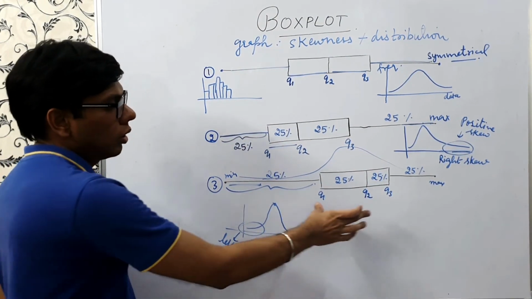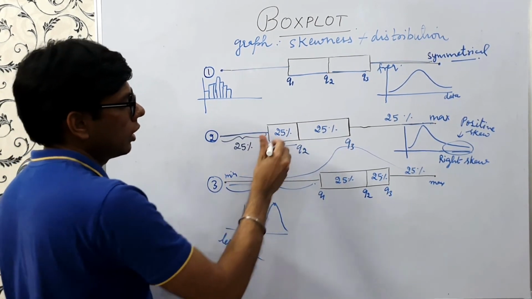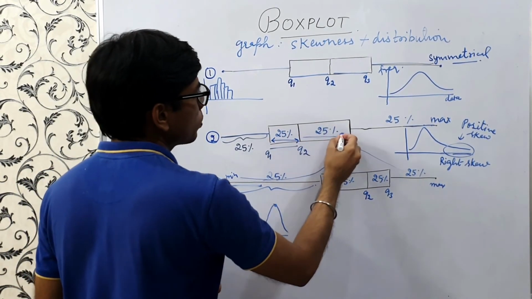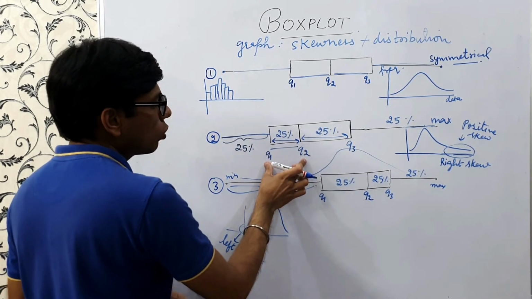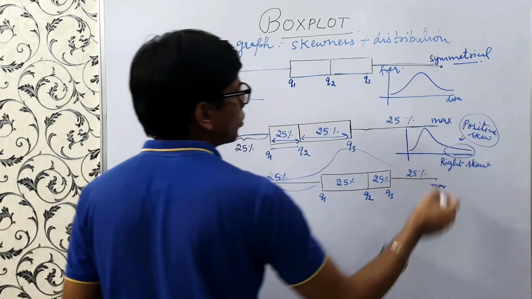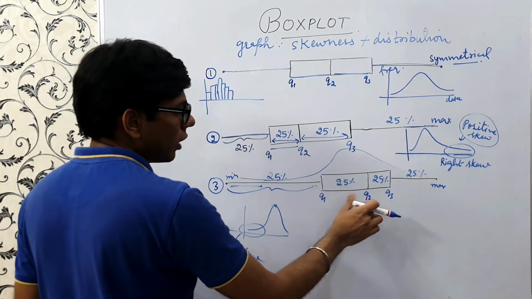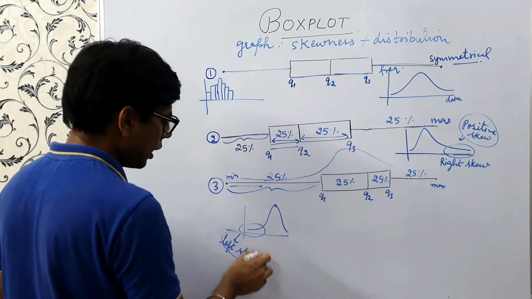So as a rule in the box, we say that if Q2 minus Q1, this part, and Q3 minus Q2, this part. If Q3 minus Q2 is greater than Q2 minus Q1, then it tends to be positive skew, right? And if Q2 minus Q1 is greater than Q3 minus Q2, then it tends to be negative skew.